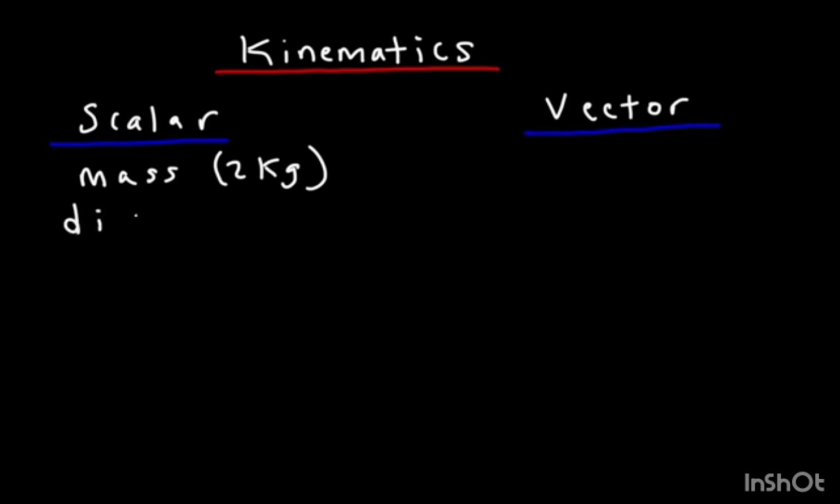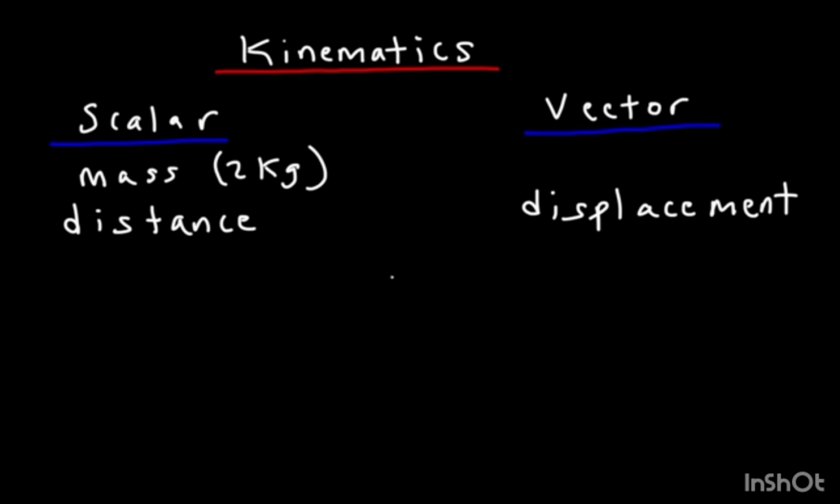Distance is a scalar quantity, and displacement is a vector quantity. Displacement, you can think of it as distance with direction. So let's say if a person traveled 15 meters, you're basically describing the person's distance because you didn't mention direction.